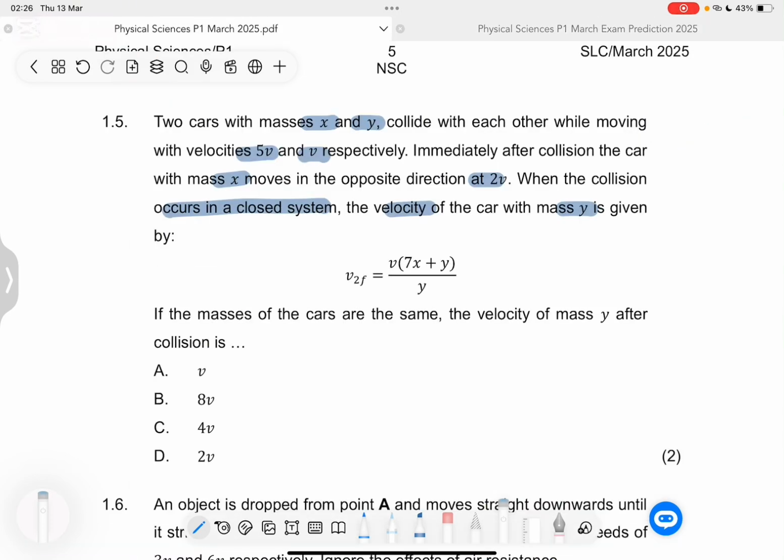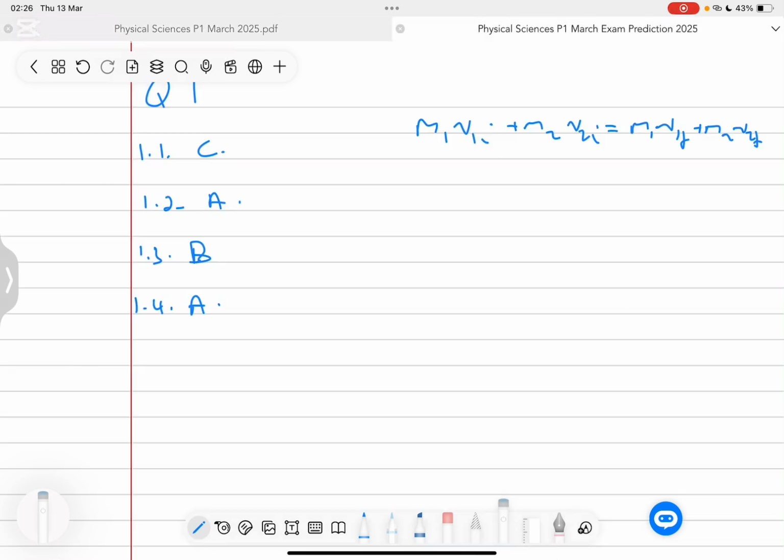If you then substitute these numbers, x for M1, y for M2, V1i, and the v to be the V2i, and here you have V1 final to be negative 2v because it goes in the opposite direction. You put all these variables here, and you'll find that the V2 final we don't have.